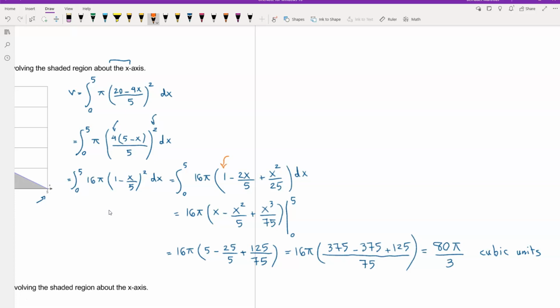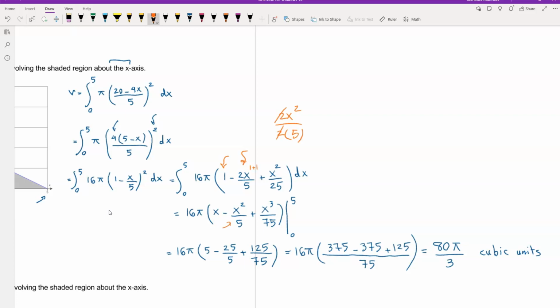Here is 1, so the integral is x. For this part, 2x divided by 5, the power is 1, so adding 1, that is 2x squared divided by 2 times 5. We can simplify: 2 divided by 2, and what's left is x squared divided by 5.